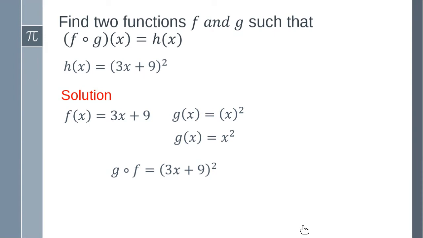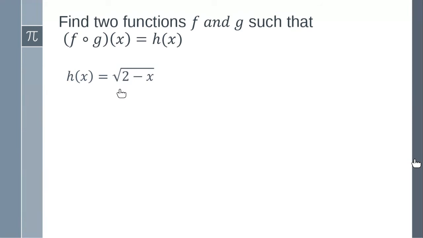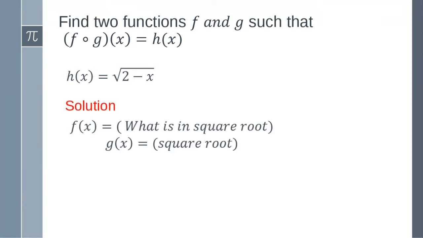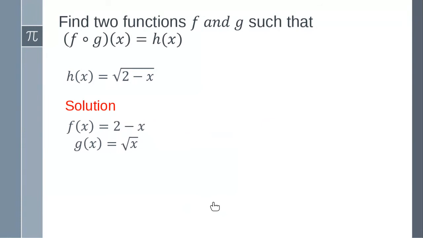Okay. So this one is also really quick. Here again, they want you to figure out what f and g are. And so here, whatever's in the square root, that's going to be one function, and the actual radical is going to be another function. So f of x would be 2 minus x, and g of x would just be the square root of x. Think about where you're going to place this 2 minus x.